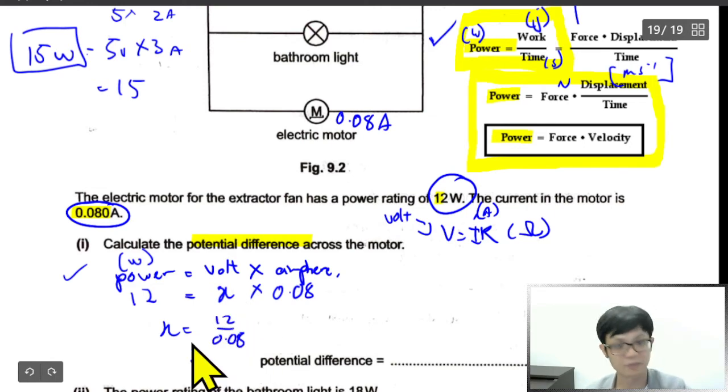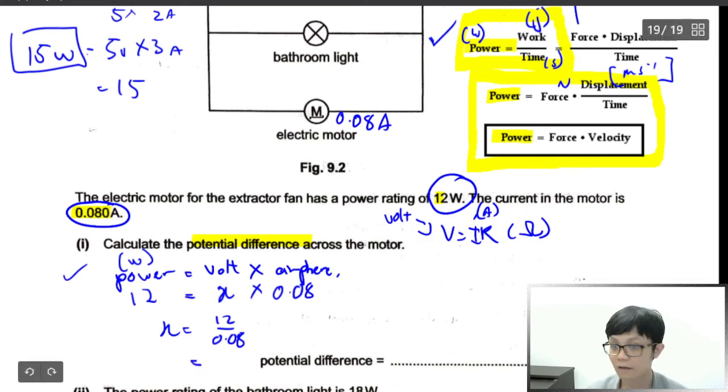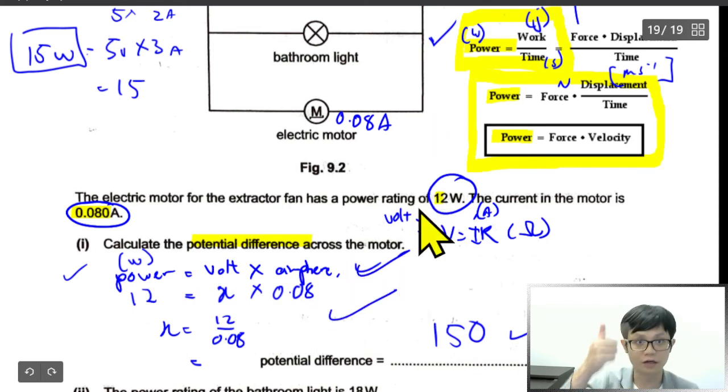Wait, just let me press the calculator. 12 divided by 0.08, I got 150. Yeah, so the answer is 150 watt. Formula 1 mark, answer 1 mark. Okay, usually formula and working lah. Always remember, okay: formula, working, then answer.